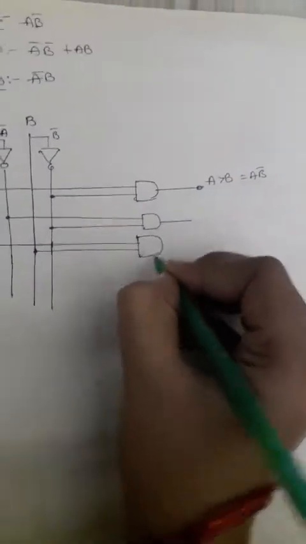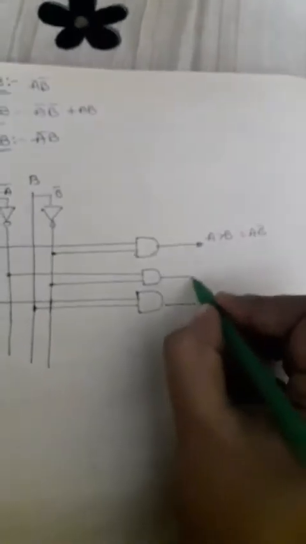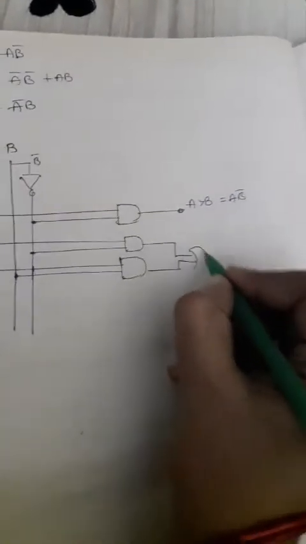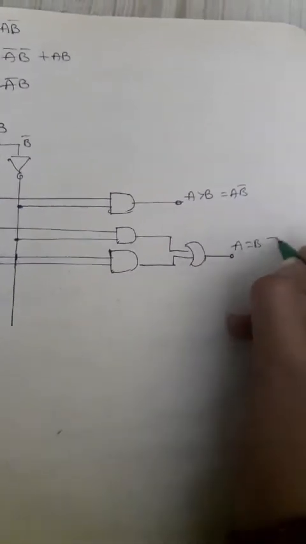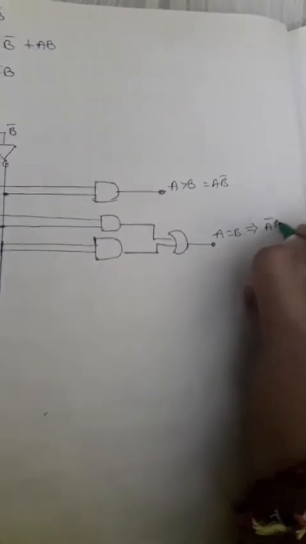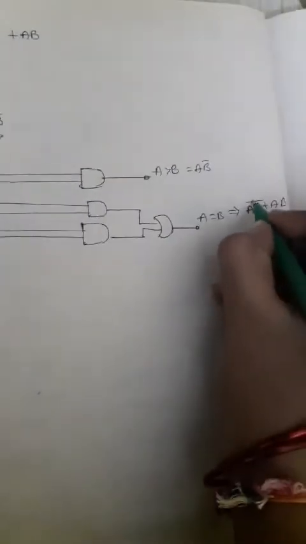In between these two AND gates we will have the OR gate. By adding these two with an OR gate, that function is the A equal to B output, which is A complement B complement plus AB. Don't combine like this, just separate A complement and B complement.